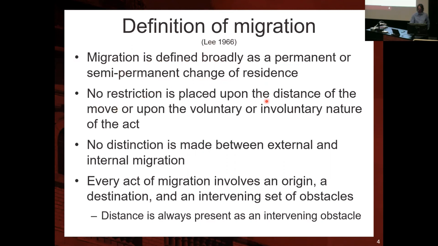No restriction is based upon the distance of the move or upon the voluntary or involuntary nature. In the US, it's only considered internal migration if someone moves from one county to another. If there is a change of counties. If you move within a county, technically, the US Census Bureau does not recognize that as internal migration.